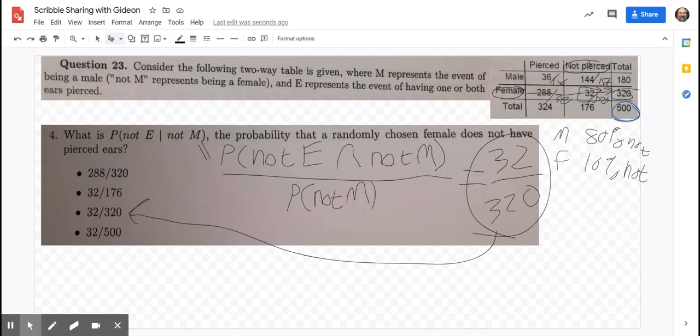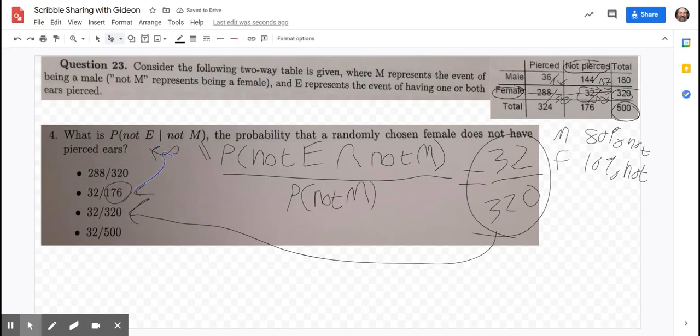All right, what about the 32 over 176? That looks like it would be female given, wait, that would be given not pierced, right? The bottom of the fraction is always the given. Given not pierced, what's the chance of a female, right? That's the E and the M reversed over here would give us that answer.